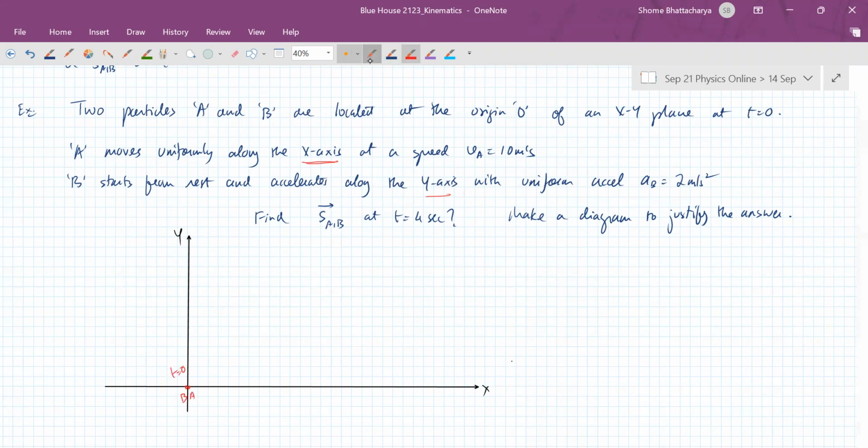But then A is moving like this with a constant velocity of 10 meters per second. So its acceleration is 0. Whereas B is moving with a constant acceleration of 2 meters per second square. Initial velocity of B is 0.